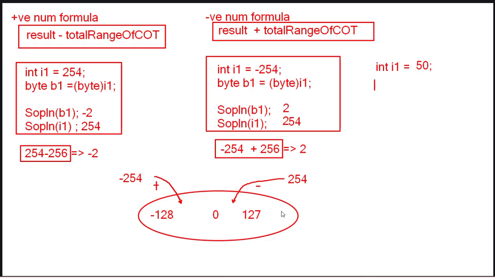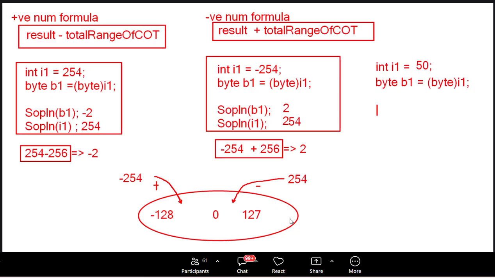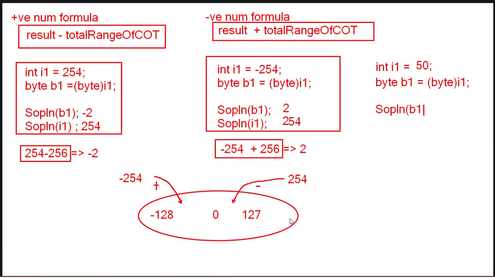Now I am writing here byte of I1. Is the cast operator required or not required for 50? Required. You are applying the cast operator to the value or to the variable type? Variable type. So compulsory byte of I1. Then System.out.println(B1). Next System.out.println(I1).